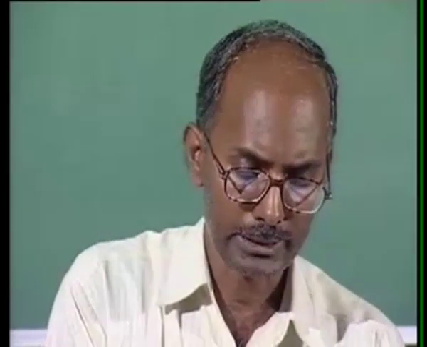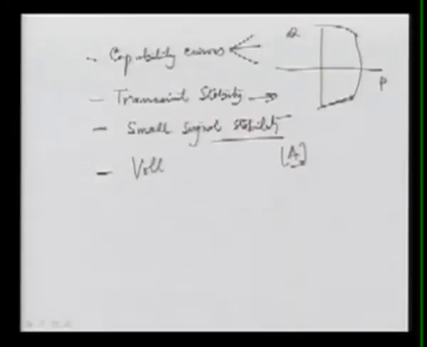Another topic I discussed was voltage stability. I took almost three lectures on voltage stability, and in it we explained the various static as well as dynamic voltage stability criteria. We also discussed the various bifurcations. I discussed the various methods to analyze static voltage instability.